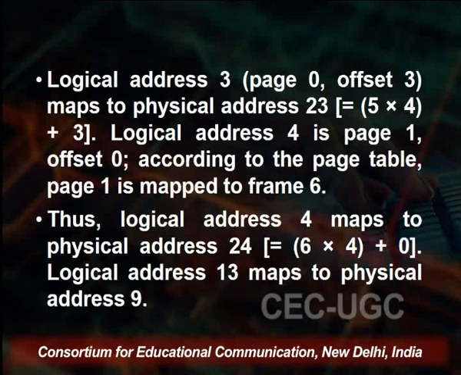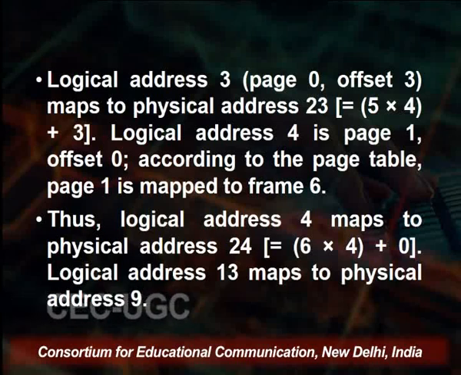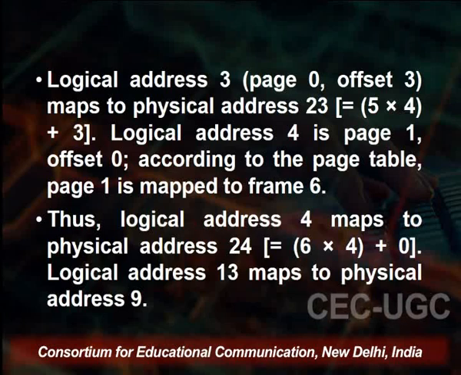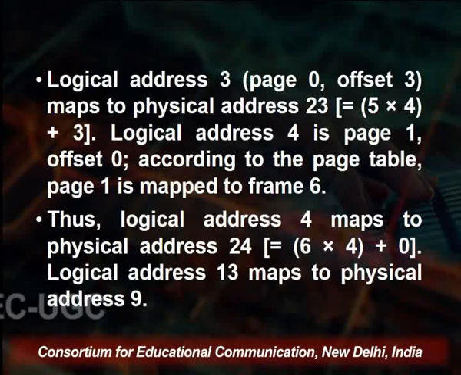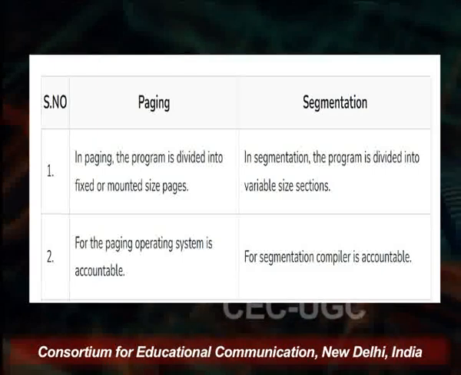So, according to the page table, page 1 is mapped into frame 6, and here we have similar mappings, where logical address 4 maps to physical address 24, which is 6 into 4, and logical address 13 maps to physical address 9, and so on and so forth.